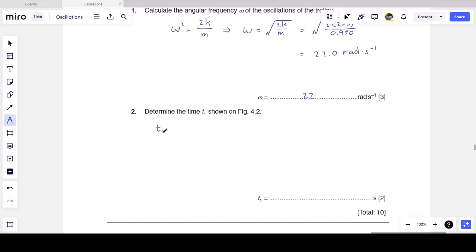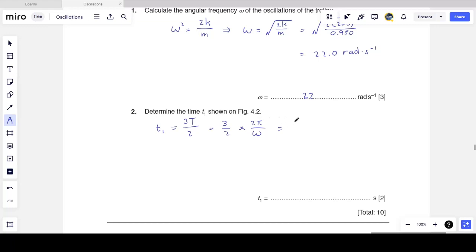And t1 is 3 over 2 periods, or 3T over 2, which is 3 over 2, and T is 2 pi over omega, since omega is 2 pi over T. So it's 3 over 2, not equal to, but multiplied by 2 pi over omega. I can now calculate this value for t1.